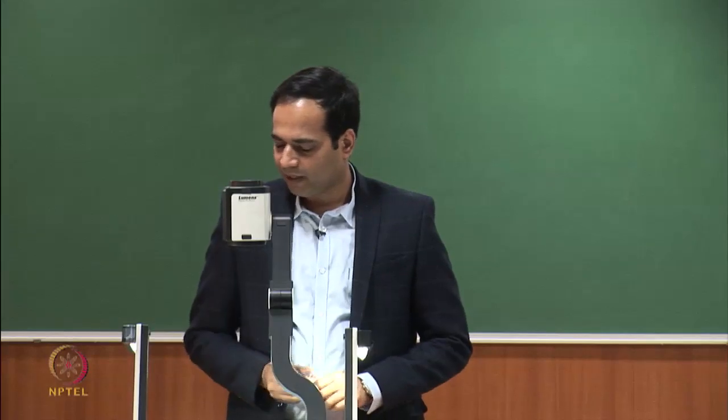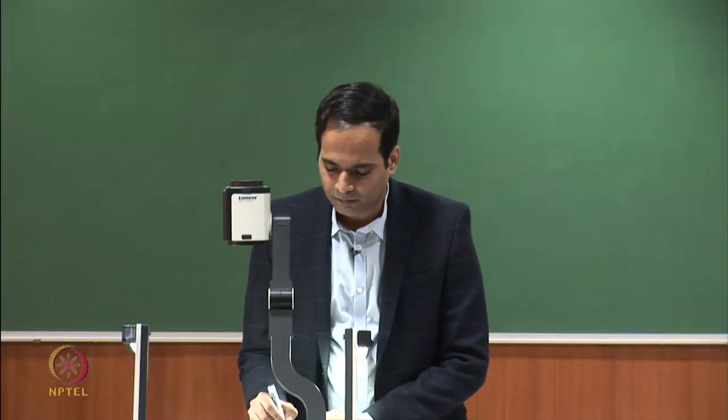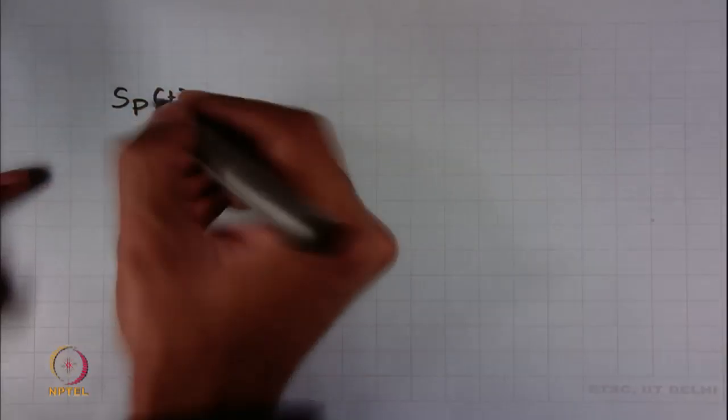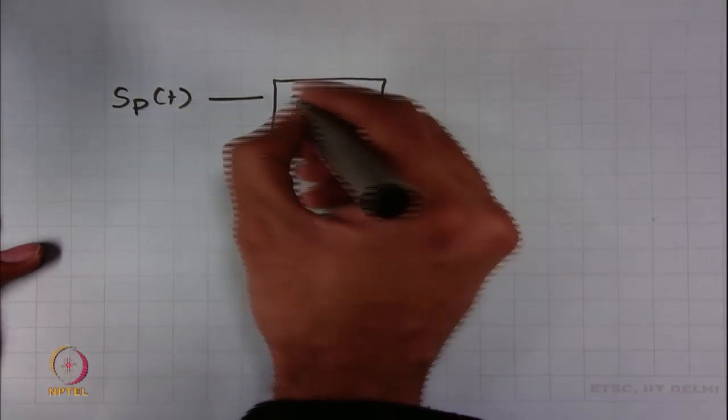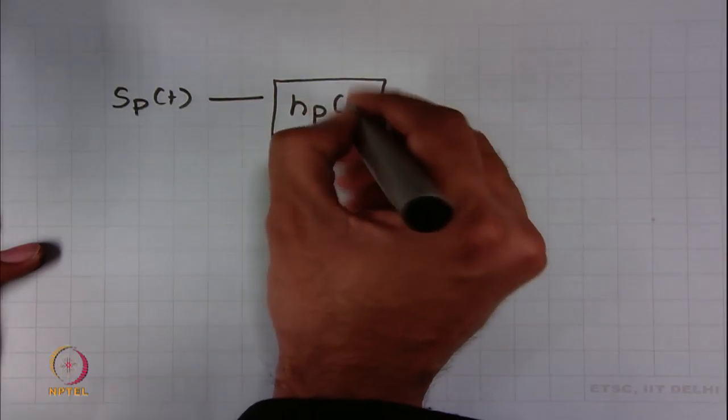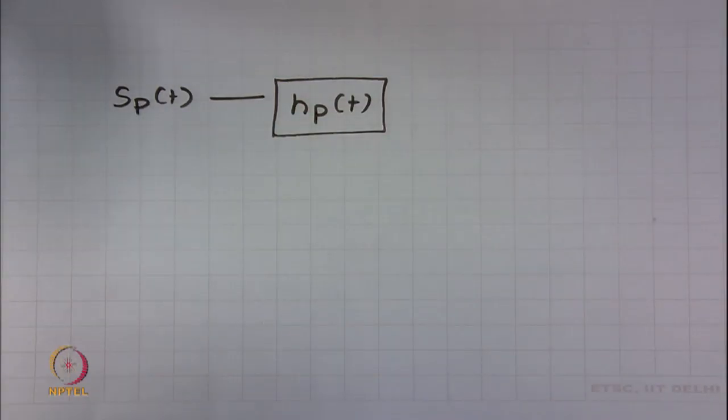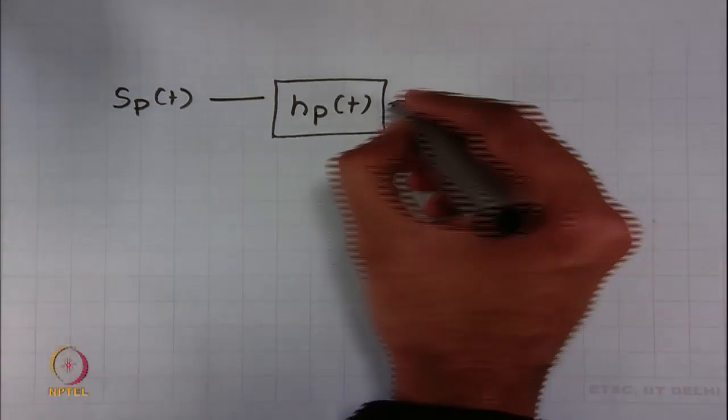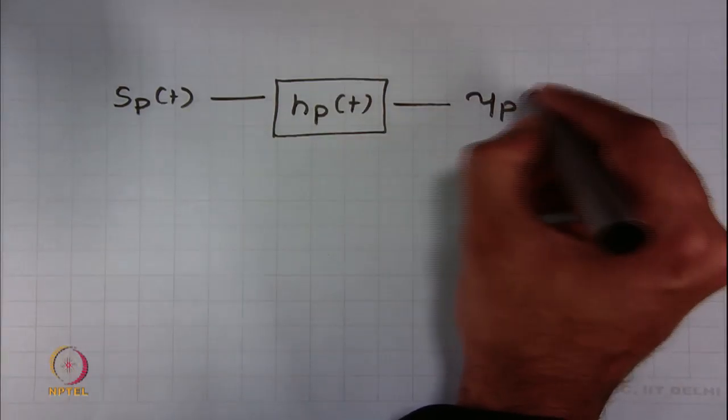So, let us take the first problem head on. If I have a passband signal s_p(t), and I want to pass it through a passband filter h_p(t), what I get is y_p(t), which is a passband signal.